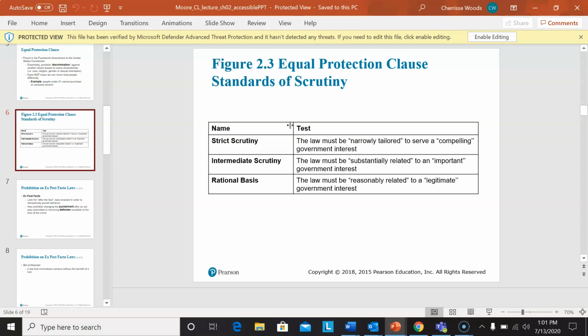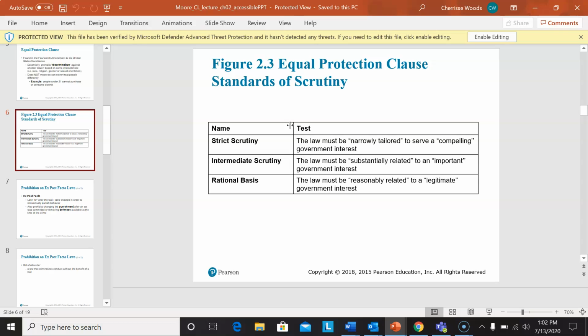So if someone who is 18 decides that they want to bring an equal protection suit because they're being discriminated against because of their age, rational basis is the test that will be used to determine whether or not that law that says you have to be 21 and older is constitutional. Okay?